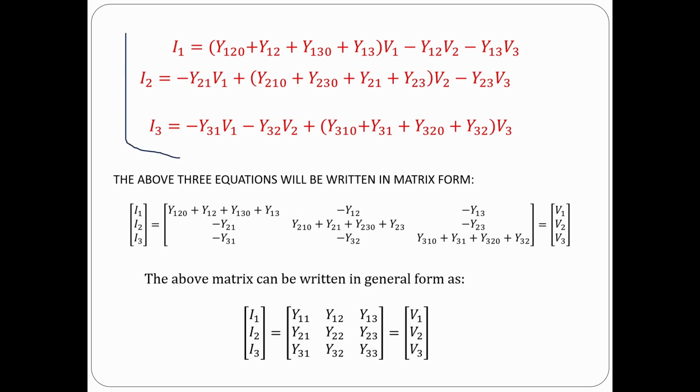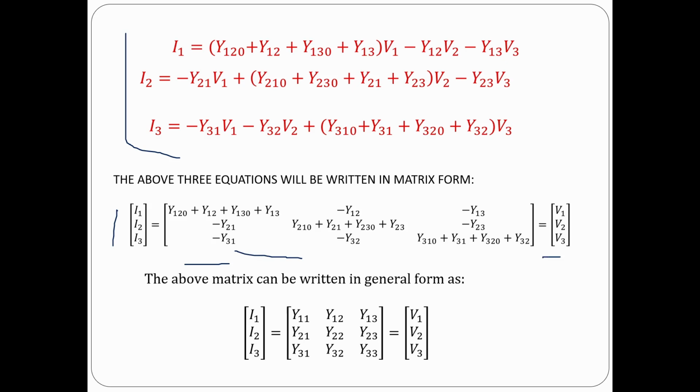And these equations can be written in matrix form. This is the matrix form, where the column of current is n by 1, the matrix of admittance is n by n, which is 3 by 3, and the column of voltage is n by 1.